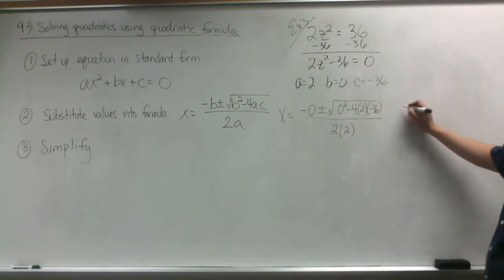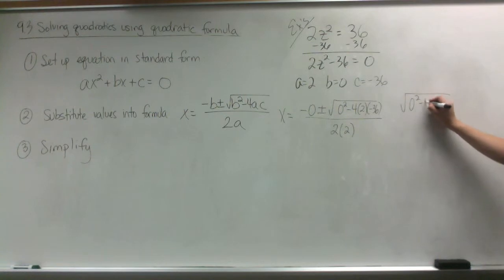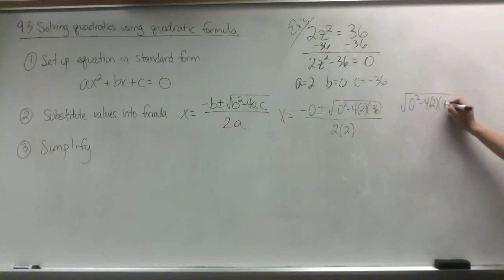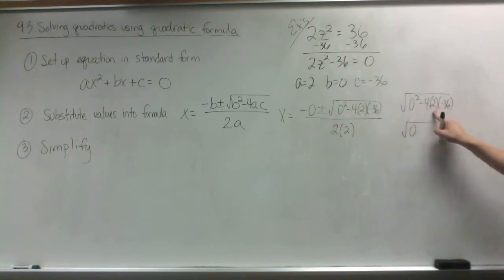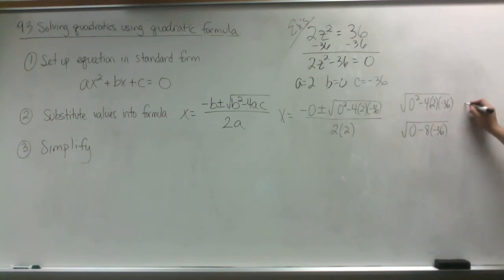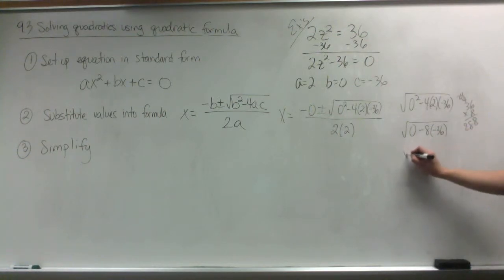So to simplify the radical, we have 0 squared minus 4 times 2 times negative 36. So this is 0 squared is 0. Negative 4 times 2 is negative 8 times negative 36. 36 times 8. So I have 0 plus 288.